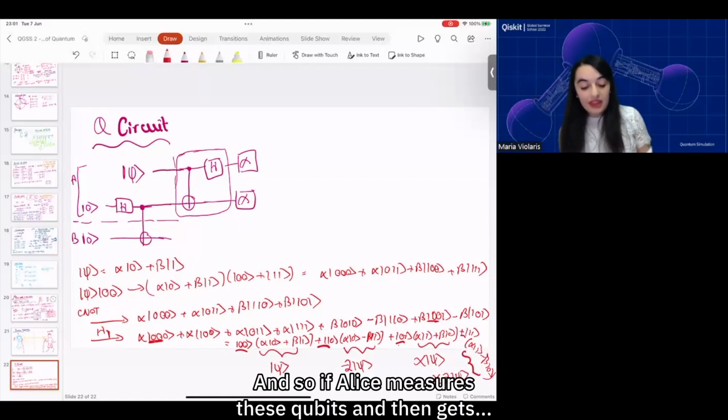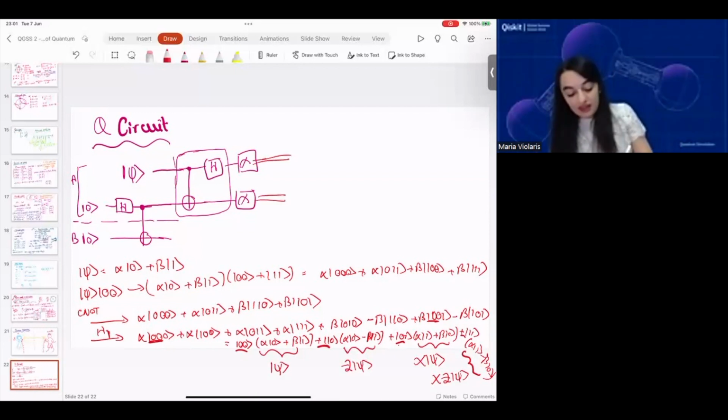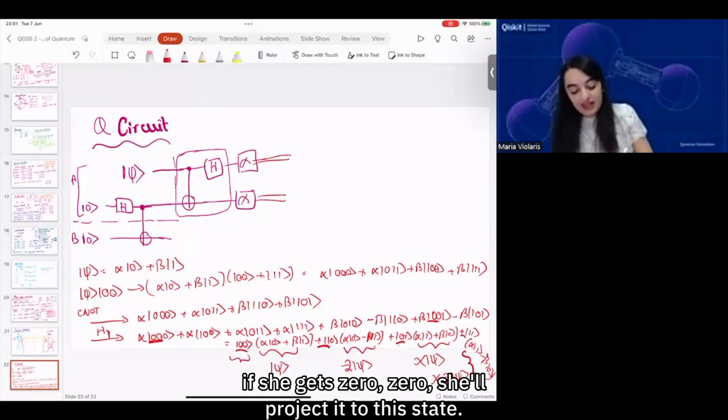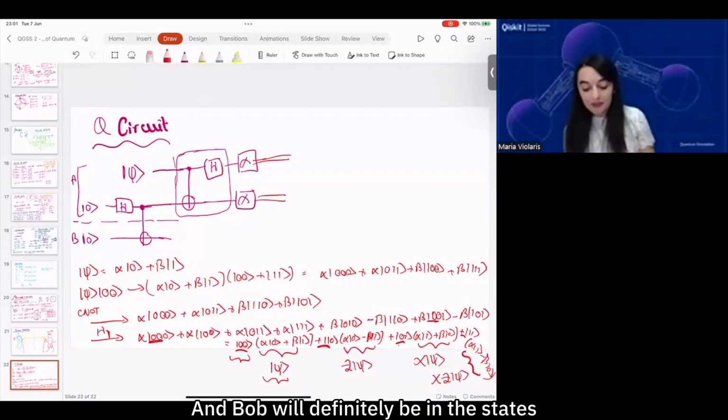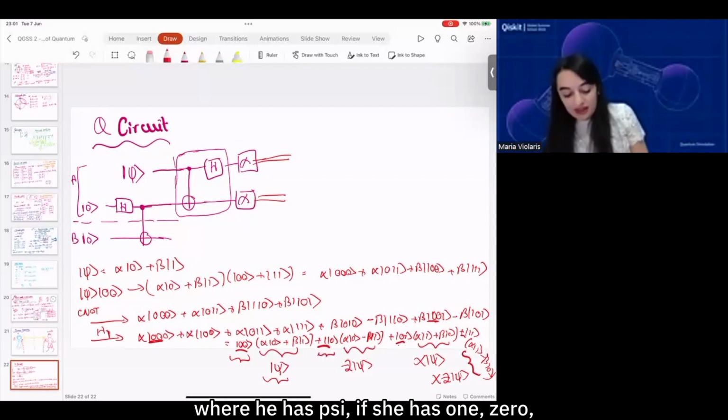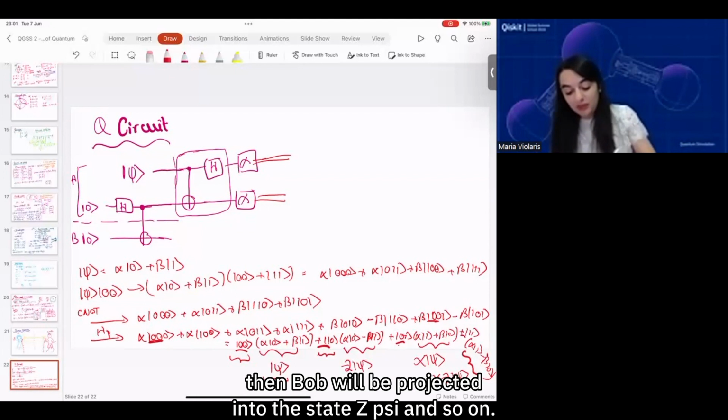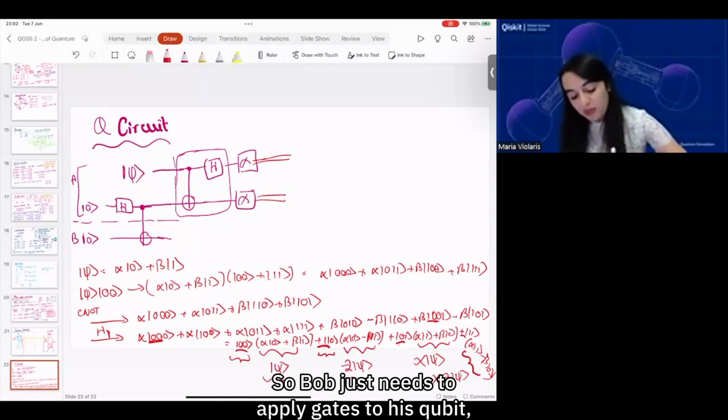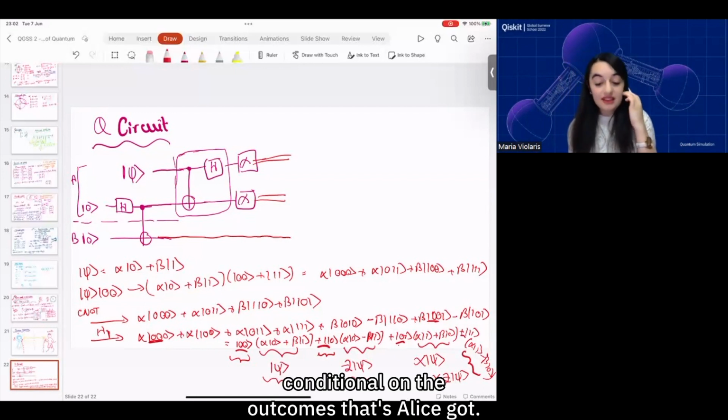And so if Alice measures these qubits and she gets 0, 0, she'll project into this state, and Bob will definitely be in the state where he has psi. If she has 1, 0, then Bob will be projected into the state Z psi, and so on. So Bob just needs to apply gates to his qubit, conditional on the outcomes that Alice got.